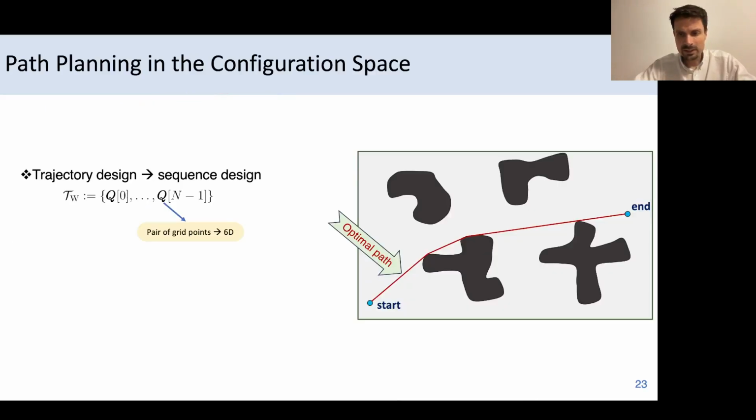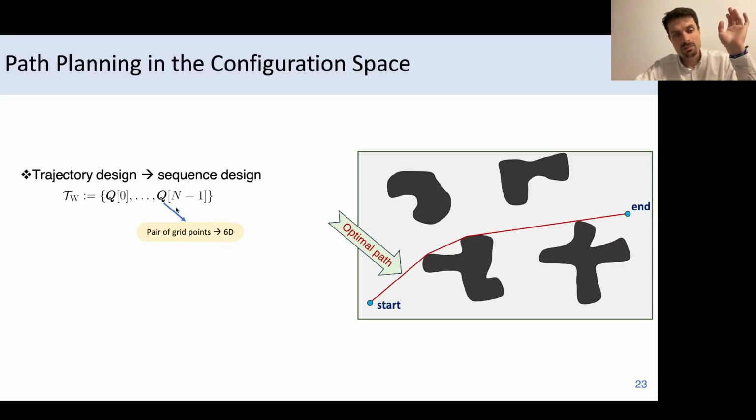So let us see how we can solve this problem, and to that end, let's adopt a slightly more abstract perspective. Remember that we are after this sequence of configuration points, which are in six dimensions. Suppose for a minute that instead of a 6, this is a 2.